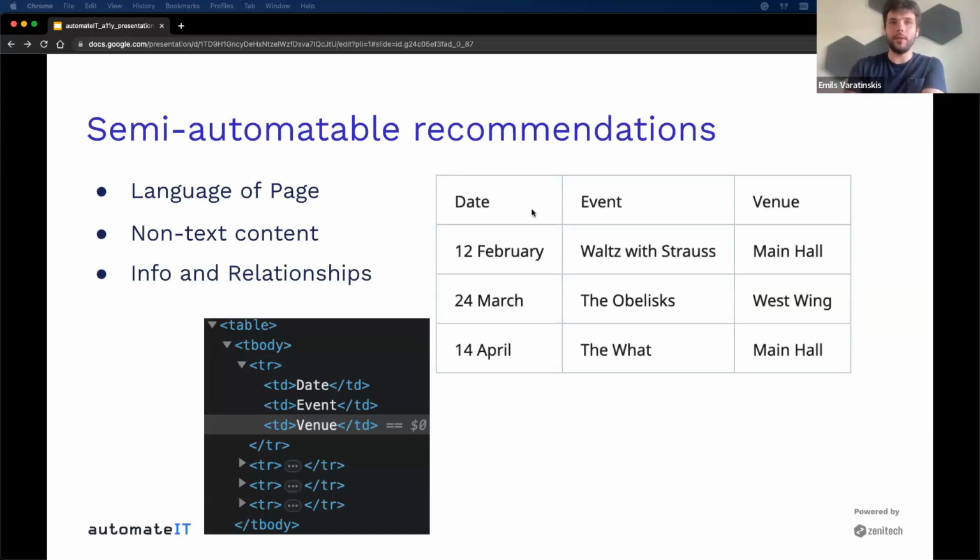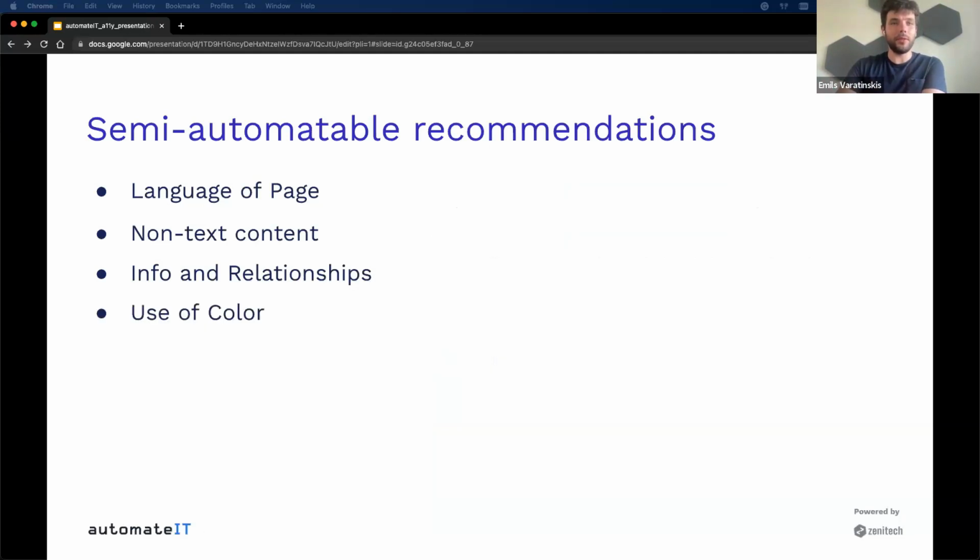When a user is using assistive technology such as a screen reader, if I focus on the date, it will also read the table header so that I know which information I'm on. But in this case, all of the table headers are marked as data cells. So the user is not informed. That's about info and relationships.